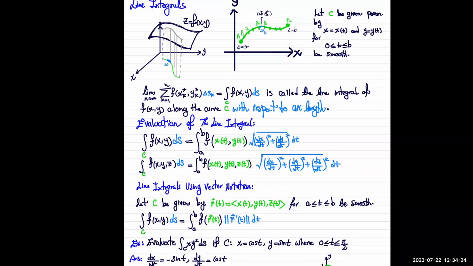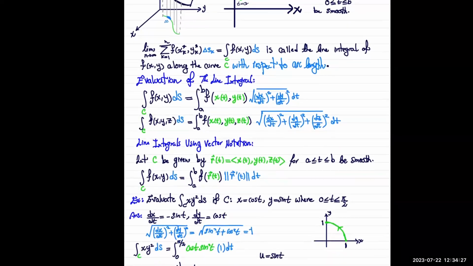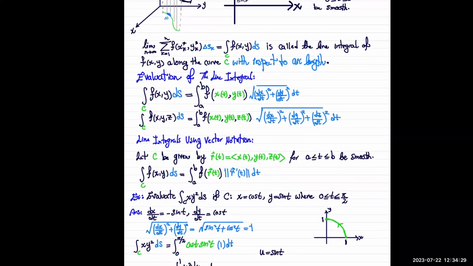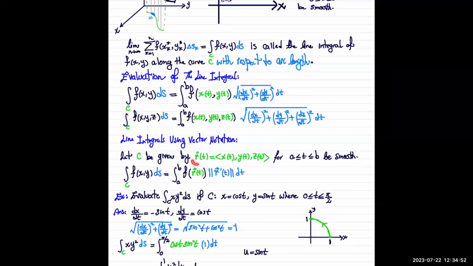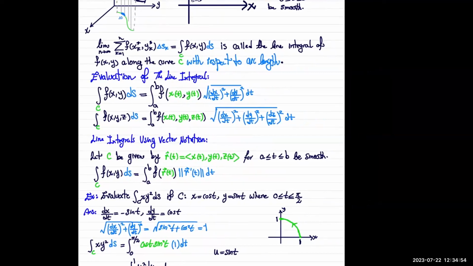Okay, so here is the R notation for line integral. So let's say C here is given by a vector valued function, x of t, y of t, z of t. This is again the vector valued function of a curve in space. And let's say that this curve begins at t equal to a and goes to t equal to b.